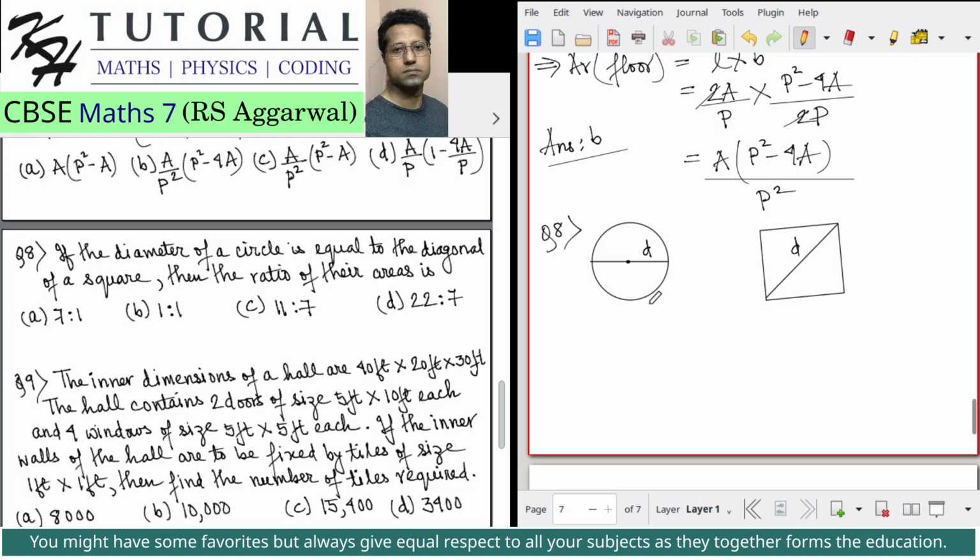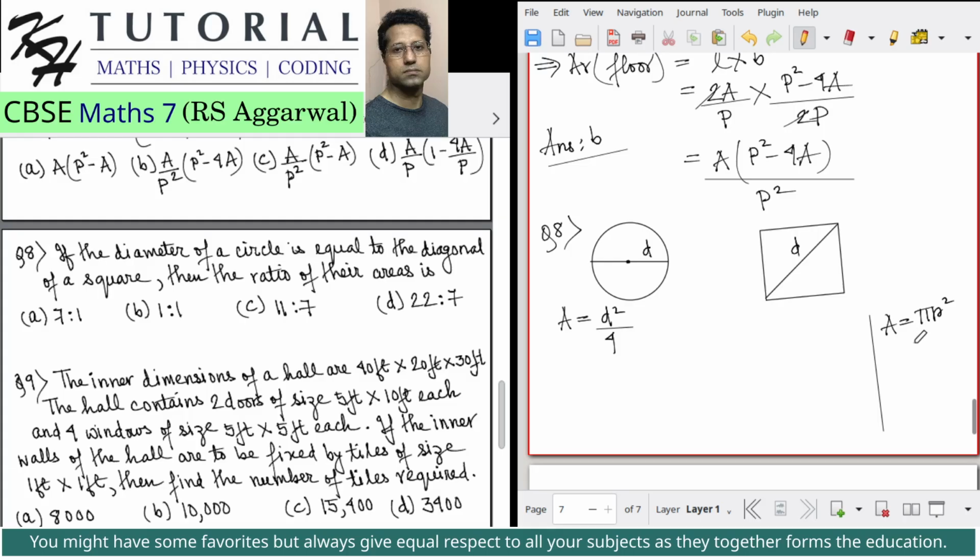So how do we find the area of a circle when its diameter is given? We know that area is equal to d square by 4, where d is the diameter. No, I think I am doing something wrong. Area of a circle is pi r square.